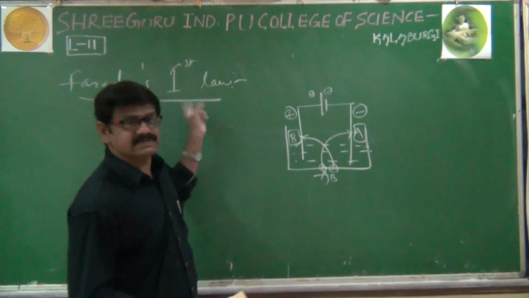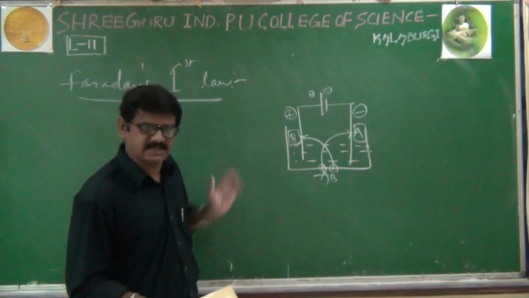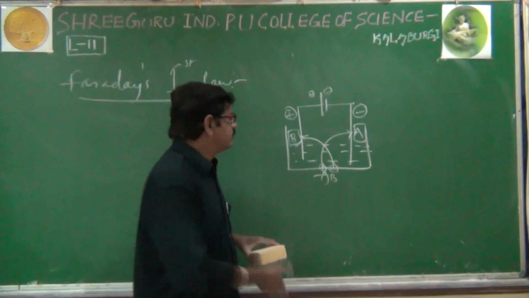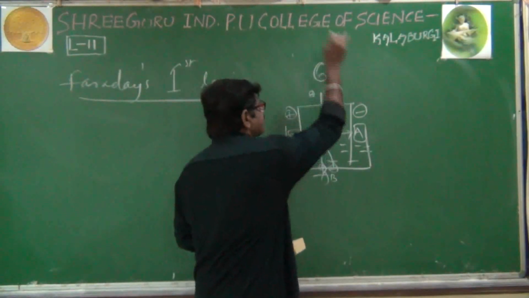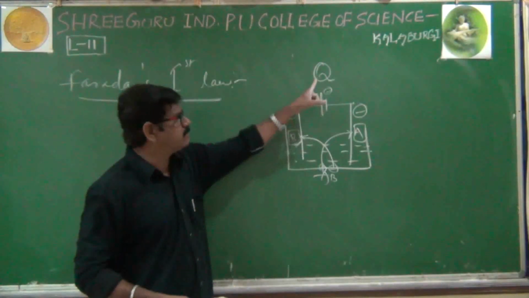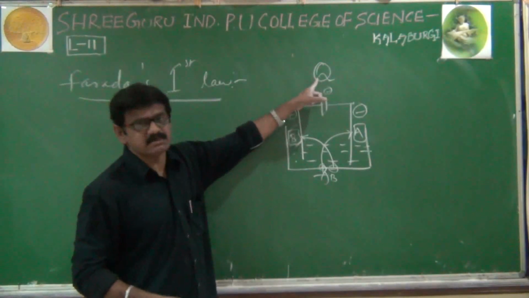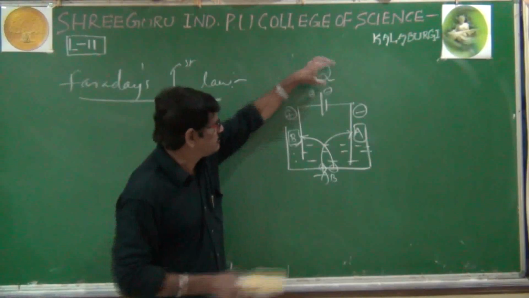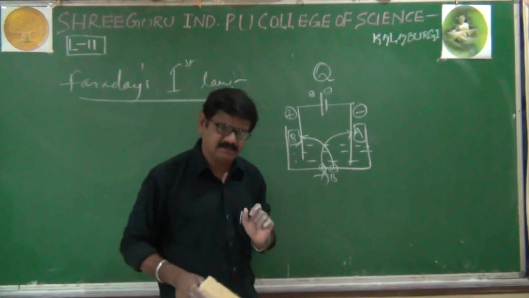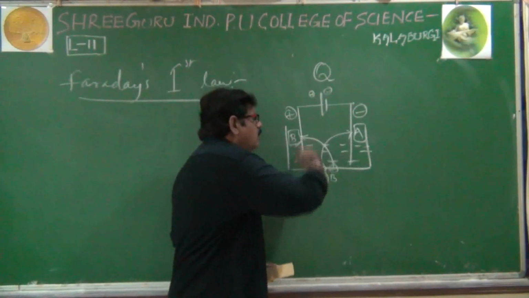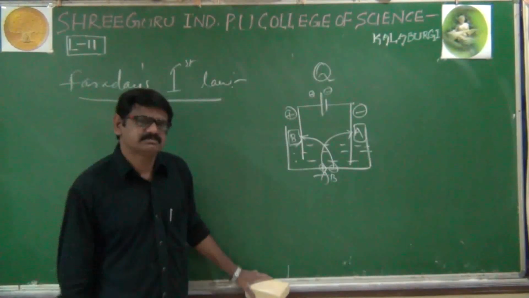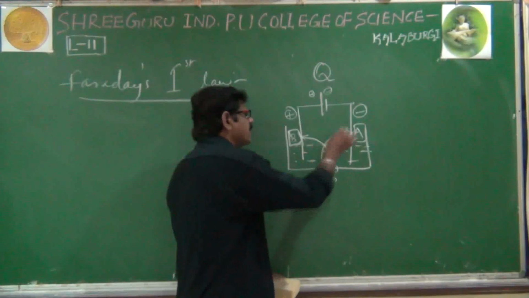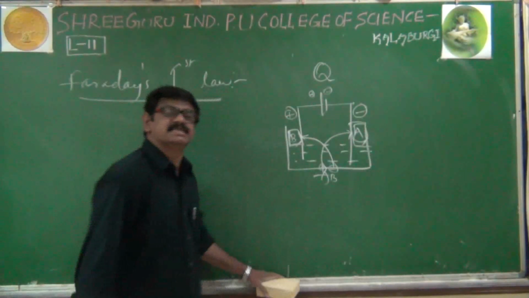Now, what is Faraday's first law? Very simple. From the battery, if you send more current, Q is nothing but current in coulombs, if you send more current into this electrolytic cell, automatically more electrolysis process takes place. If more electrolysis process takes place, more amount of substance will be deposited.